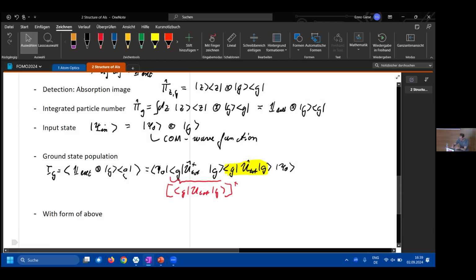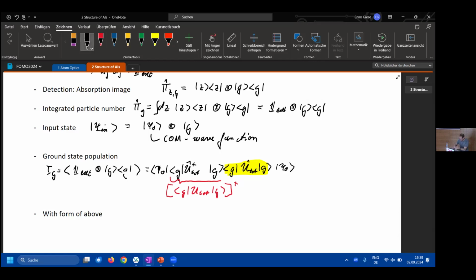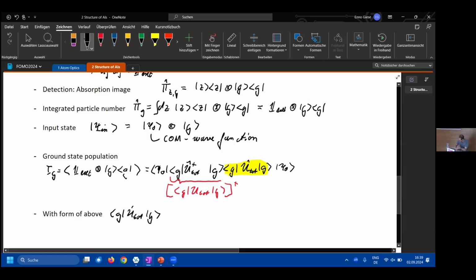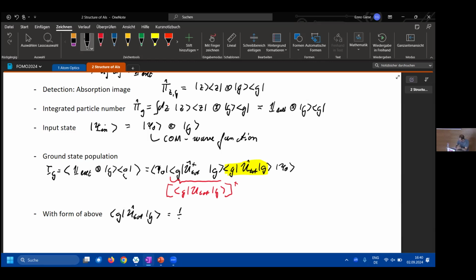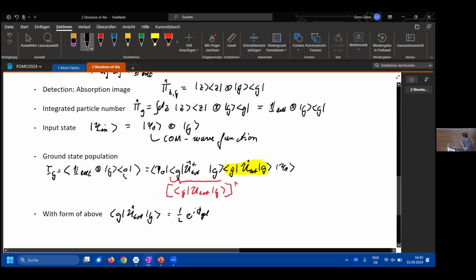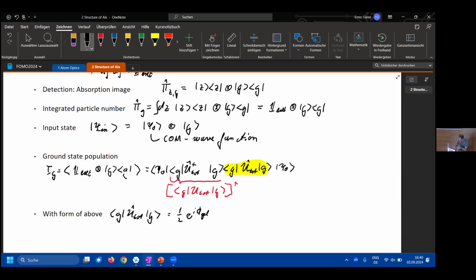If G times U total times G dagger is equal to 1/2 e to the i phi global, you're going to see now why this global phase is nothing that worries me, and we have U1 plus U2.